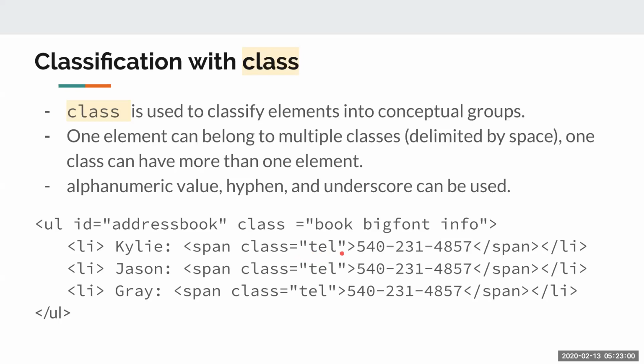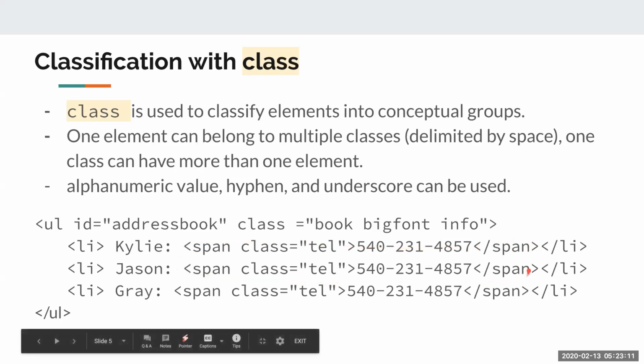You can see an example of how multiple elements can belong to one class, where these three HTML elements belong to the class called tel, which is basically shorthand for telephone.